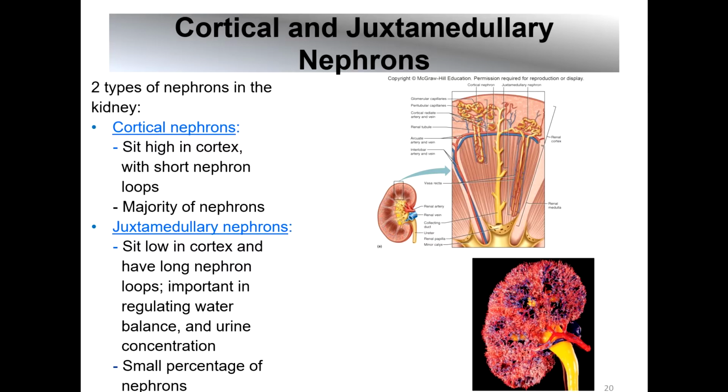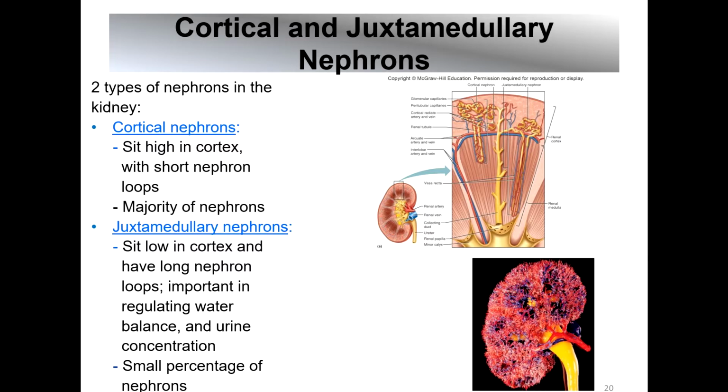The juxtamedullary nephrons have a corpuscle that's much lower in the cortex, close to the medulla, and their loop of Henle will be much longer and dip much further into the renal pyramids.